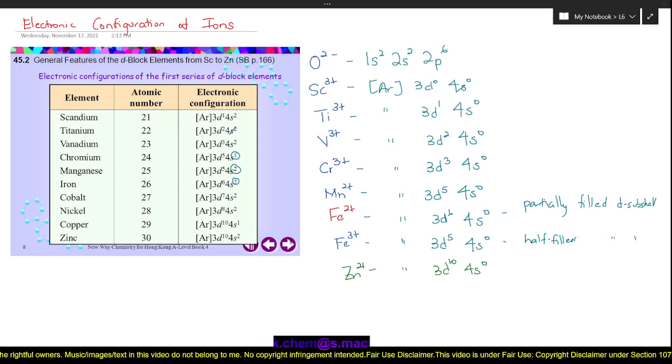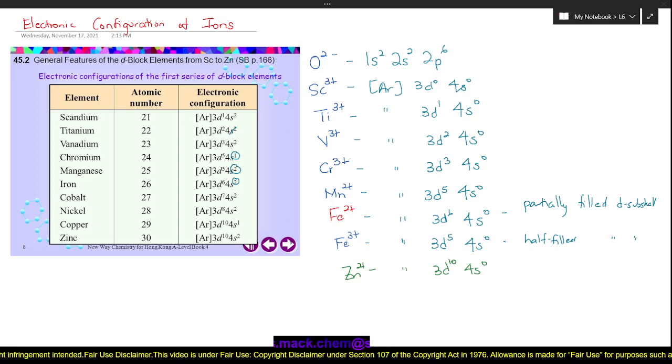Let's compare Fe2+ to Fe3+ by looking at the electronic configuration of the element iron. For Fe2+, we take the 2 electrons out of the 4s orbital, so this gives us a d6 configuration for Fe2+.